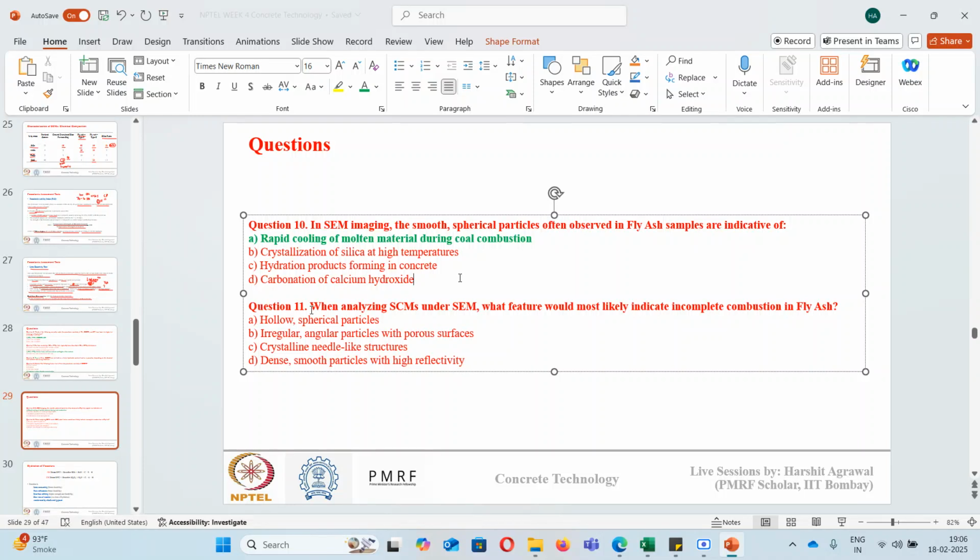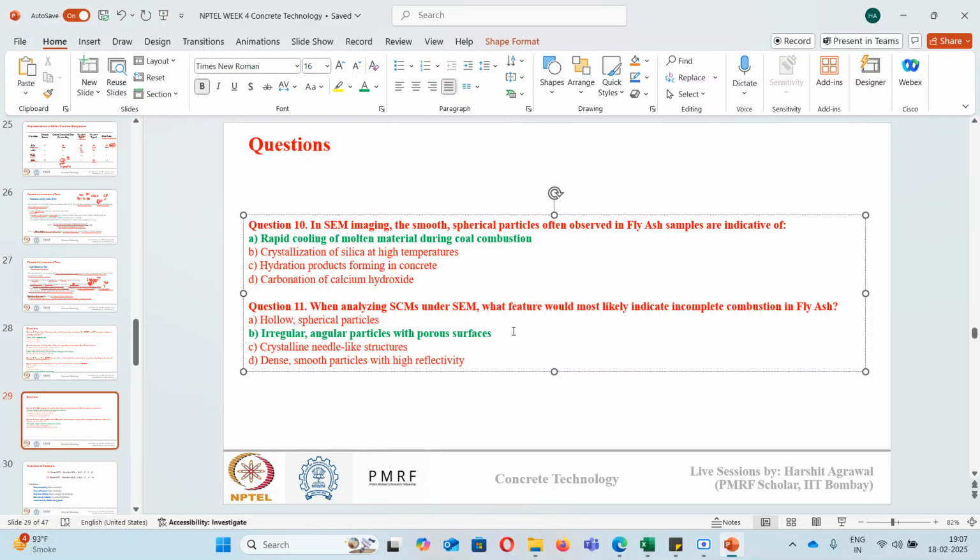Question number 11. When analyzing SCMs under SEM, what feature would most likely indicate incomplete combustion of fly ash? So the answer will be B. When there is incomplete combustion of fly ash, it leads to the presence of unburned carbon residues, which appear as irregular porous material in SEM, and this can result in irregular, angular particles with a porous surface.